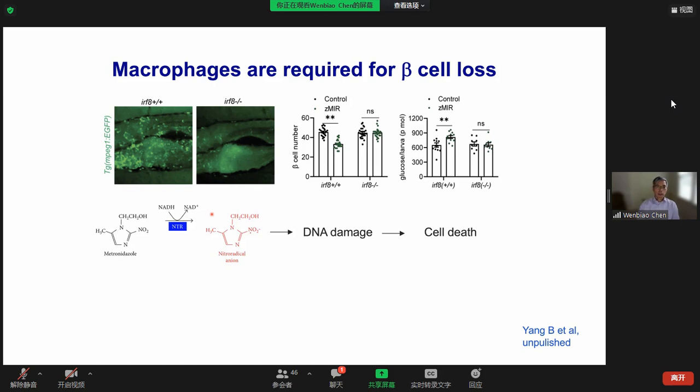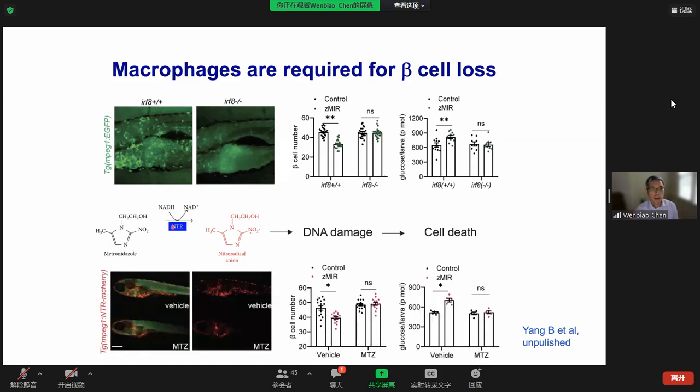This approach takes advantage of bacterial nitroreductase, which can convert the antibiotic metronidazole into a cytotoxic compound, which can then cause damage and cell death. And this has been shown to have very minimal bystander effect, so it just kills whichever cell expresses the NTR. So we express the NTR in macrophage fused to mTeal, as you can see here.